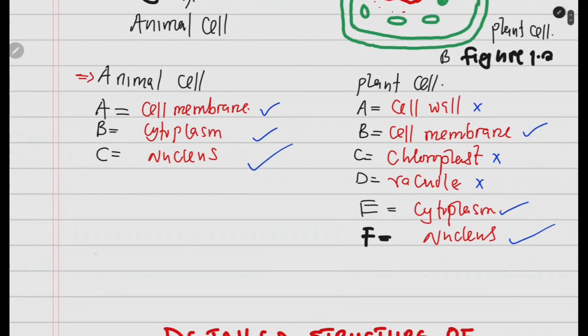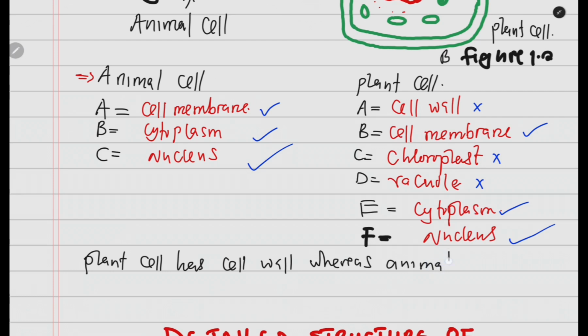So one of the differences that you can put, I just want to show you how you present your work. Let's say one of them that we've noticed here is cell wall. So you're going to say plant cell has cell wall, whereas animal cell does not have cell wall.